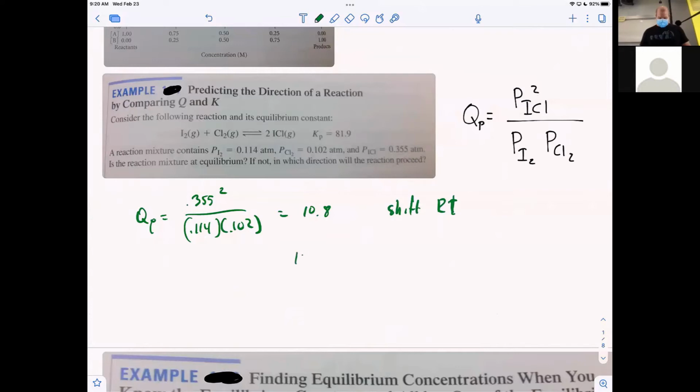It makes sense because 10.8 is less than 81.9, so Qp is less than Kp. The top number is too small, the bottom number is too big, so the top needs to get bigger and the bottom smaller, so we shift right towards the products. Question, yeah.